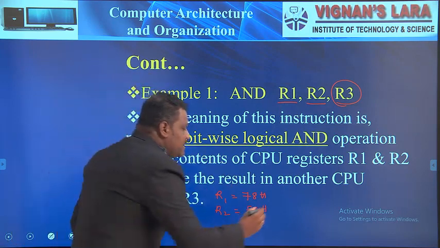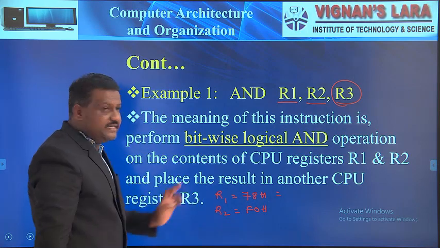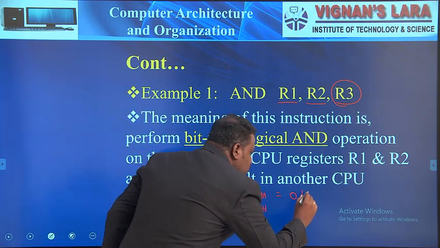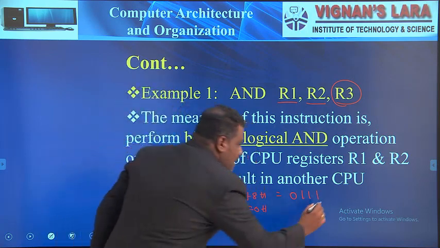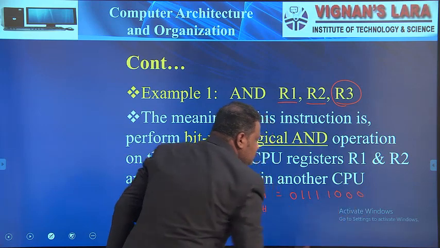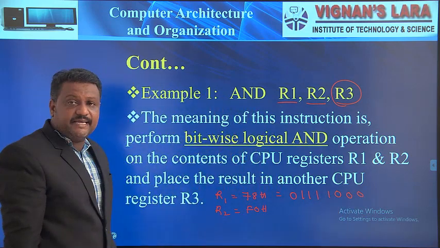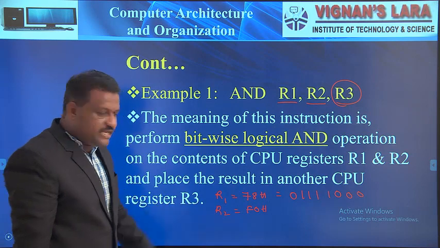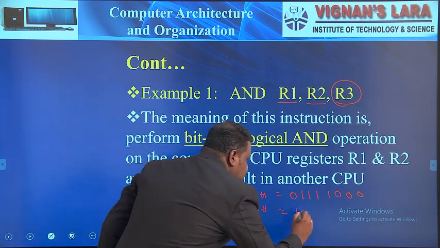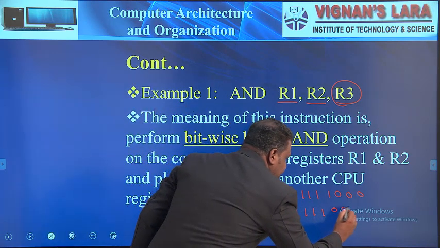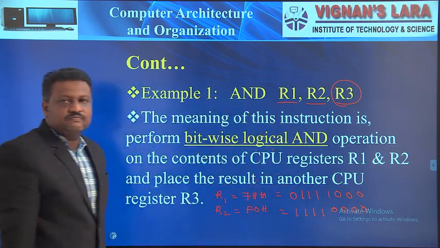Take the binary equivalent of the R1 content. 78H is nothing but 0111 1000. That is the binary equivalent of 78H. And the second one is F0H. Its binary equivalent is four ones and then four zeros.